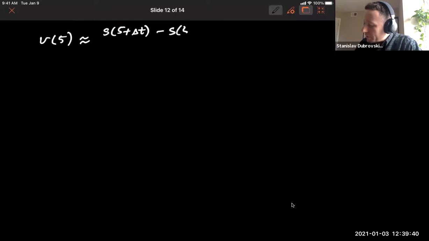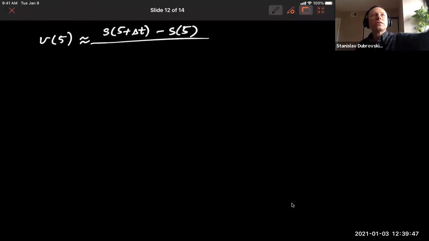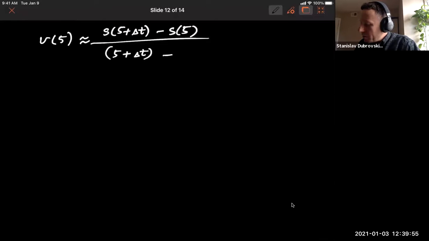Oops, I lost it. Let's go back and start again. So we are saying that V of 5 should be approximately S of 5 plus delta T minus S of 5, over, of course, the increment in time, which is delta T. Or we can say final time minus initial time, and we'll get delta T on the bottom.